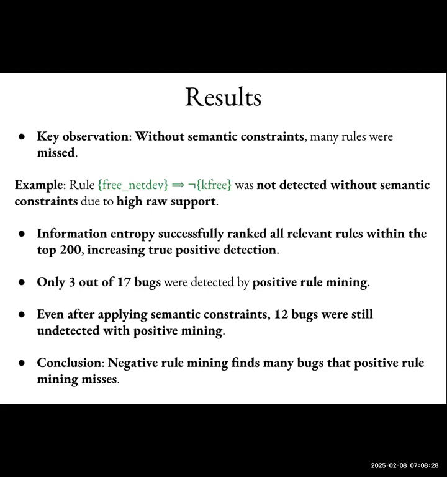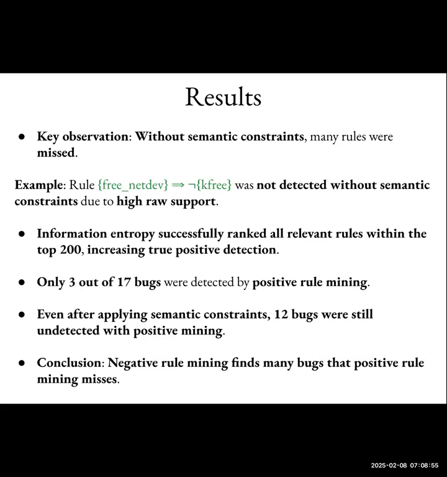And looking at the comparison with positive rule mining, we were able to see that only 3 out of the 17 bugs were detected by the positive rule mining. And also, 12 bugs were still undetected even after applying the semantic constraints, a positive rule mining minus version. And then negative rule mining finds many bugs that positive rule mining misses, across all the different systems, right?